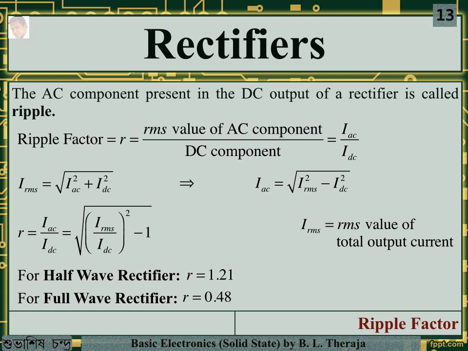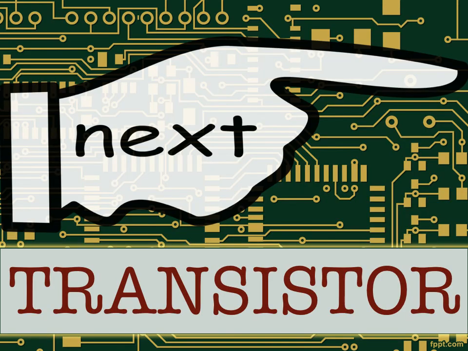Combining it with its rectifier efficiency, the full wave rectification is invariably used whenever there is a requirement for conversion of AC to DC. I hope this topic has been of interest to you, and here we finish the diode and its uses.